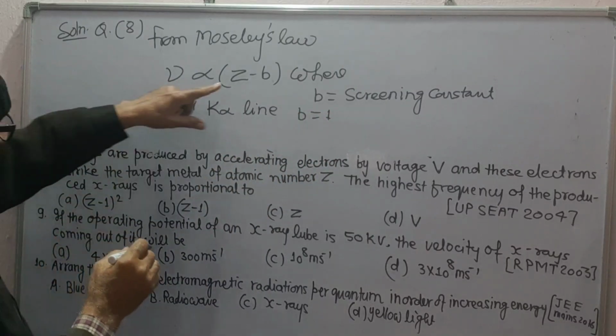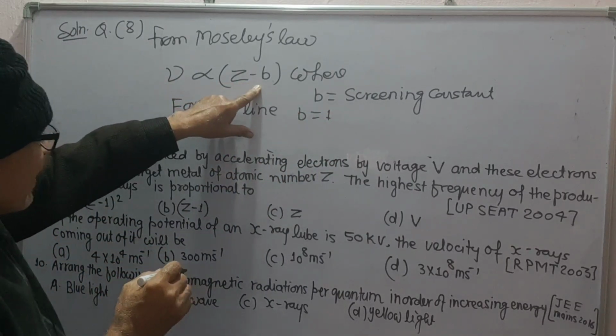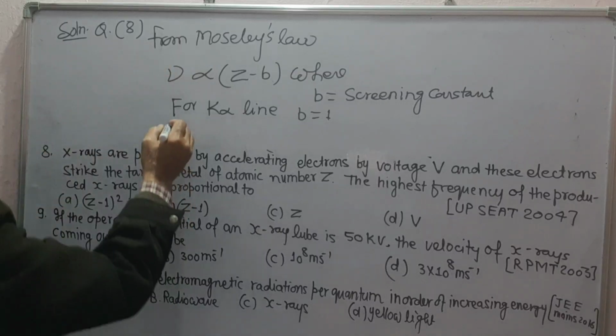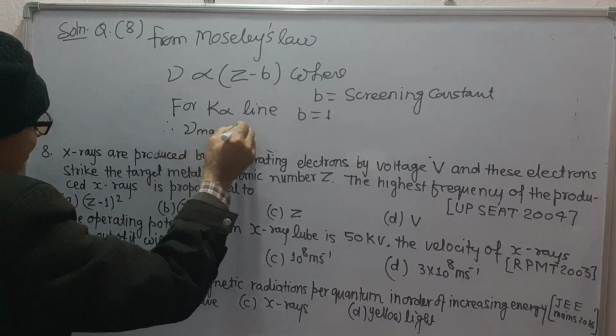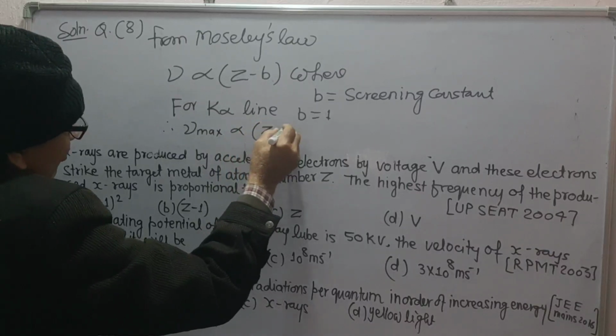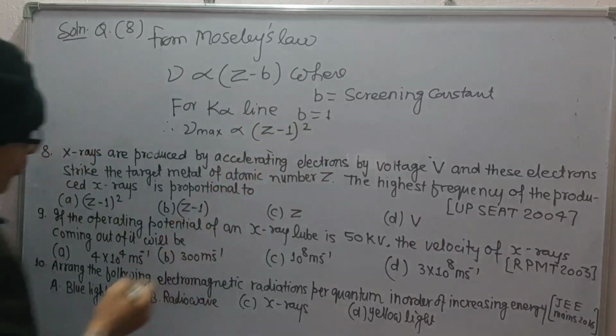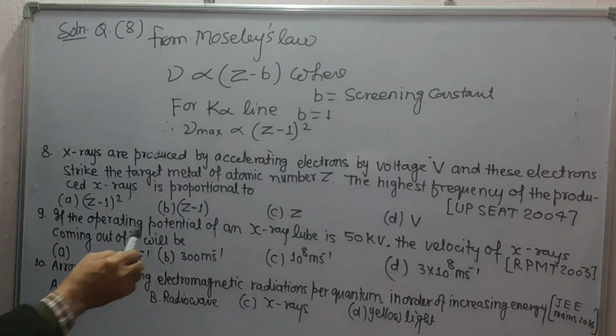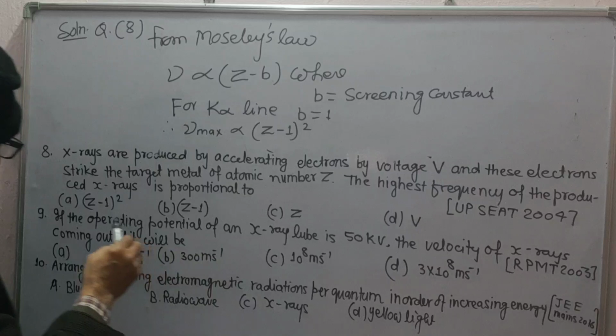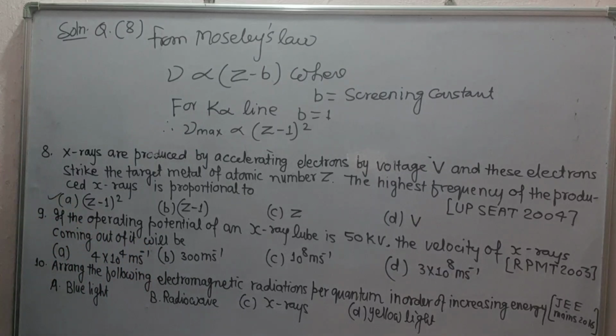Therefore, when b is minimum, nu will be maximum. Therefore, nu maximum will be proportional to Z minus 1 whole square. So, the highest frequency will be proportional to Z minus 1 whole square. So, the correct option is A.